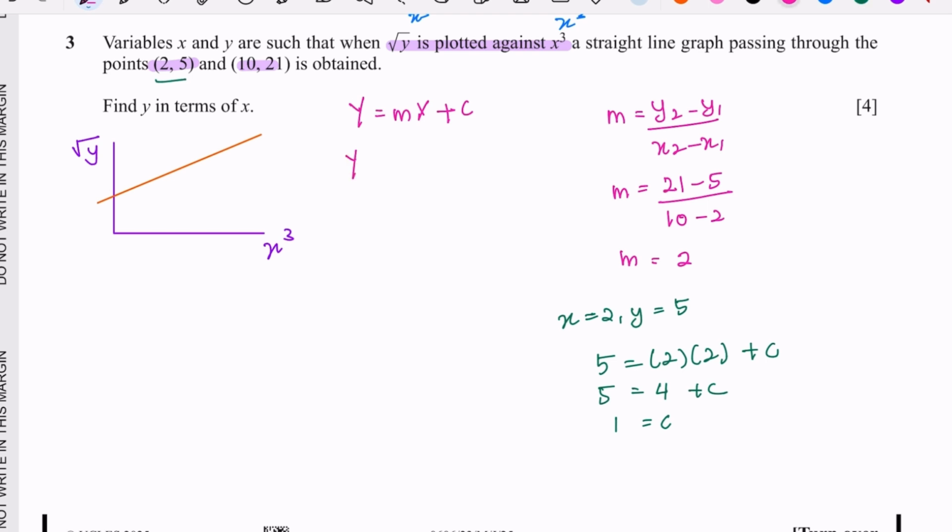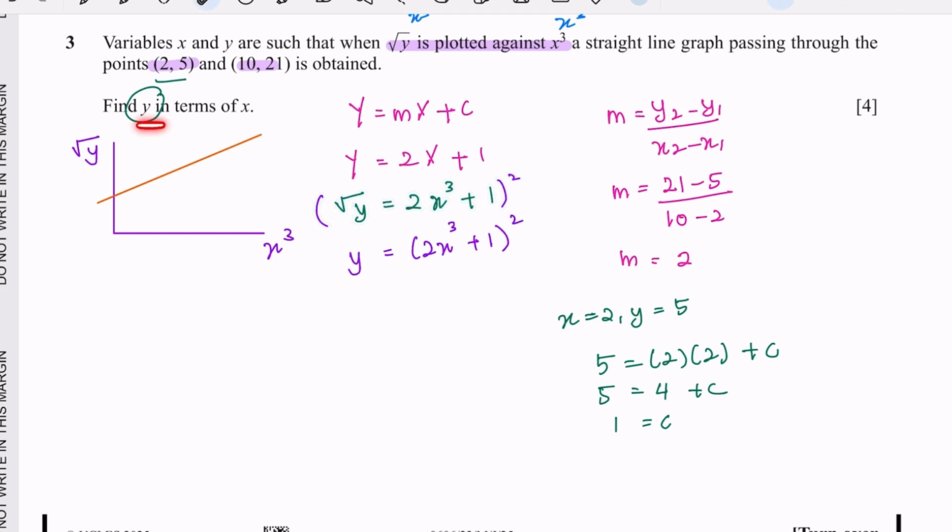So y is going to be 2x plus 1. But our y is not really y. It's actually square root y equal to 2x power 3 plus 1. Since we want only y, we need to square both sides. y equal to 2x power 3 plus 1, squared. This is already in terms of x.